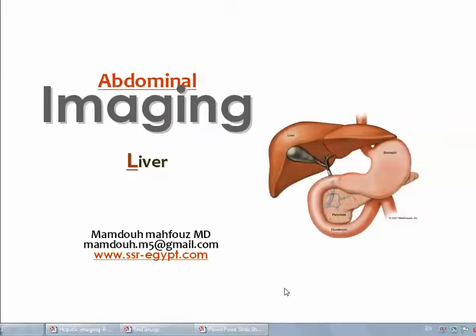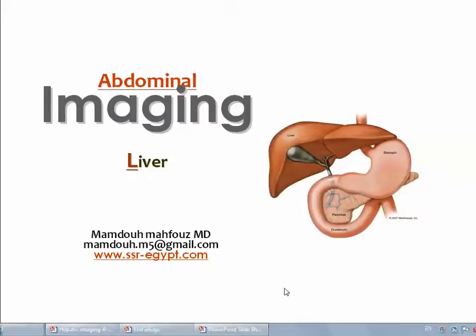Dear colleagues, we are continuing the series of abdominal imaging, and we have finished with the gastrointestinal tract imaging, considering esophageal lesions, gastric lesions, small and large bowel lesions. Then we are now handling the solid organs.